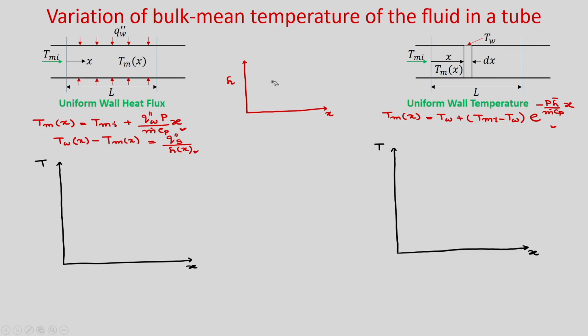In the developing region it will gradually decrease, then once it becomes fully developed both hydrodynamically and thermally, your heat transfer coefficient will become constant, and we will show later that h is constant for a fully developed flow. So, if we plot h as a function of x, in the developing region it will decrease, then after that it will become constant.